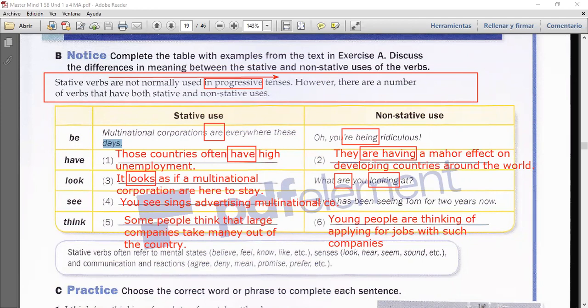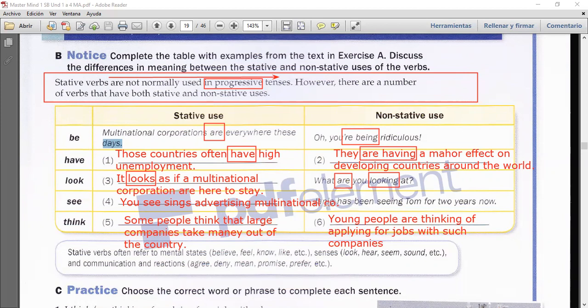Non-stative, in progressive. Next, see. You see signs advertising multinational corporations. You are walking in a street, and you see signs advertising everywhere.